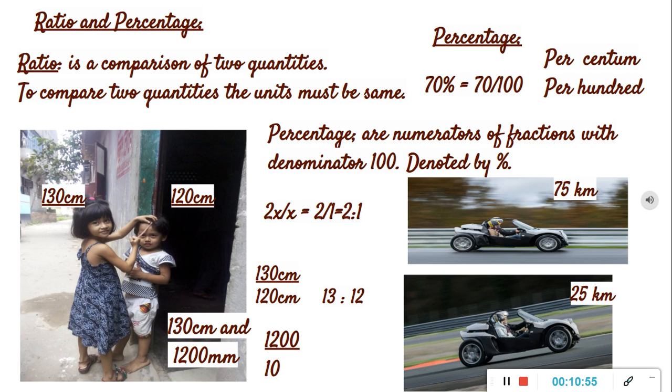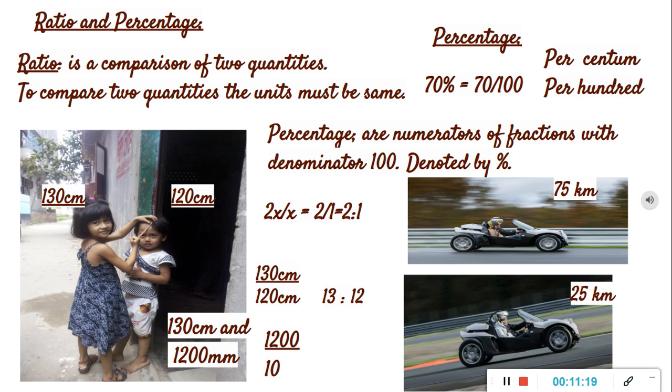Okay. So now if we want to find out what percentage of the total distance was covered by Mrs. X and what percentage was covered by Mr. X, how will we find it? Okay, first look at Mrs. X. Mrs. X covered 75 kilometer out of the total, that is 100 kilometer.